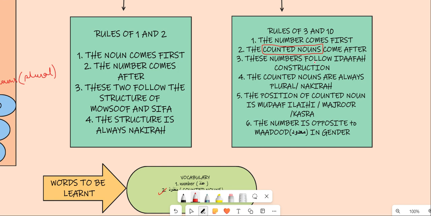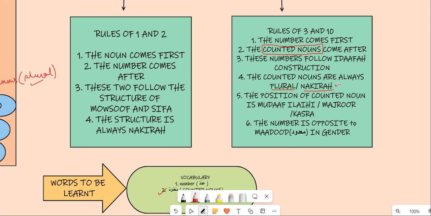These numbers follow the idafa construction, the idafa structure, and the counted nouns are always plural and nakira. That's what I meant here, that the counted noun, the thing you are counting, will always be plural and it will always be nakira.